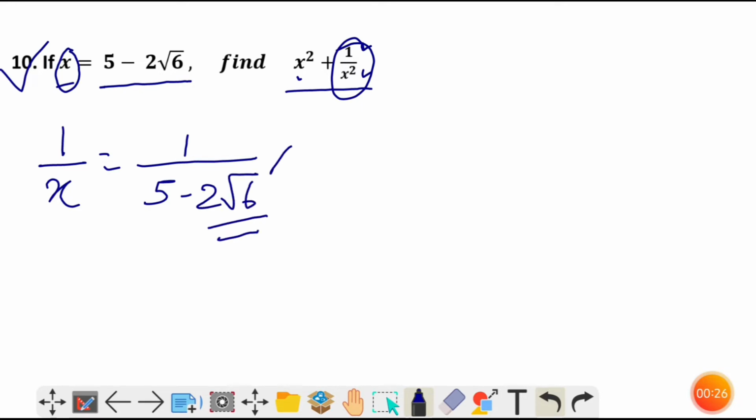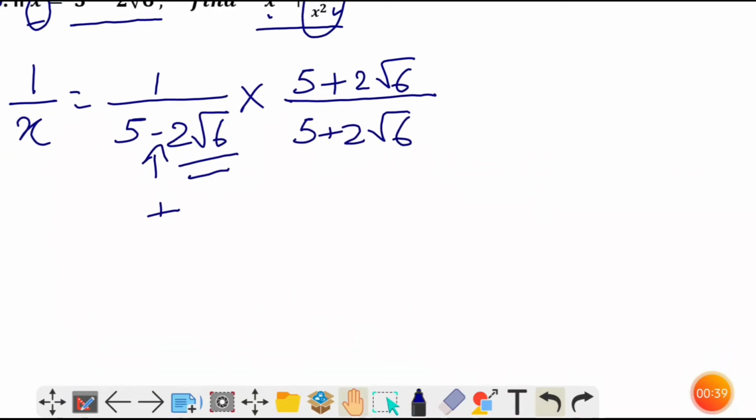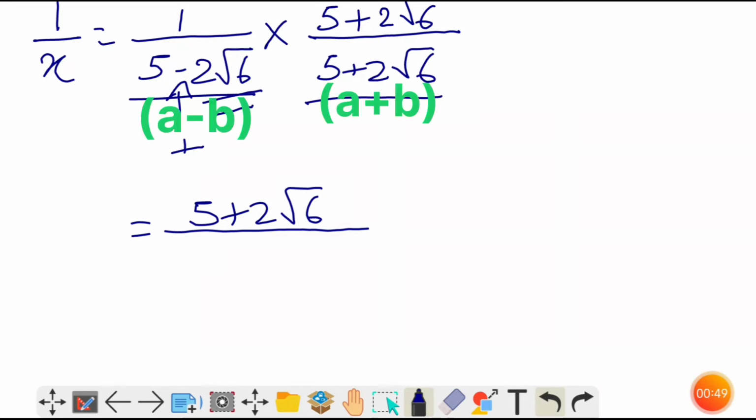Now we'll rationalize it by taking the opposite sign, that is plus. So we'll have 5 plus 2√6, again 5 plus 2√6 in the denominator. Now multiply it. 5 plus 2√6 into 1 in the numerator is 5 plus 2√6. And in the denominator we have (a minus b) into (a plus b), that is a square minus b square.